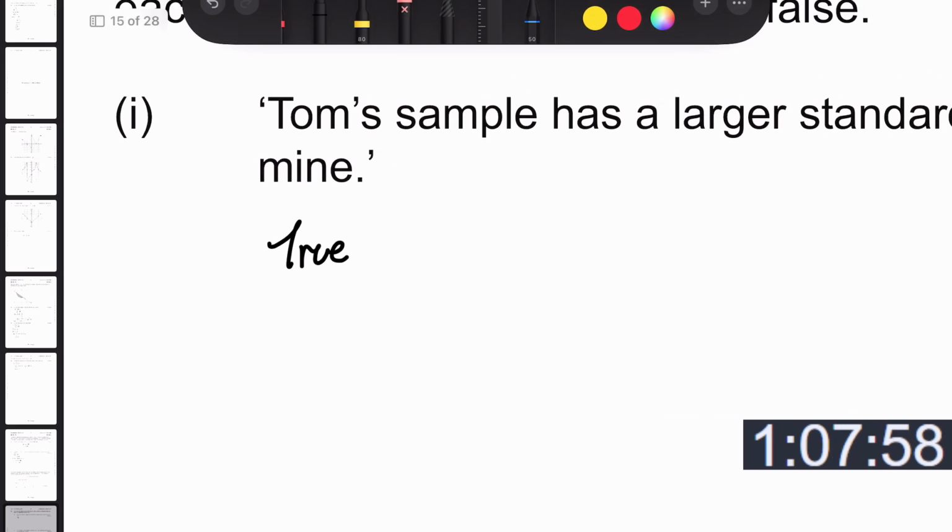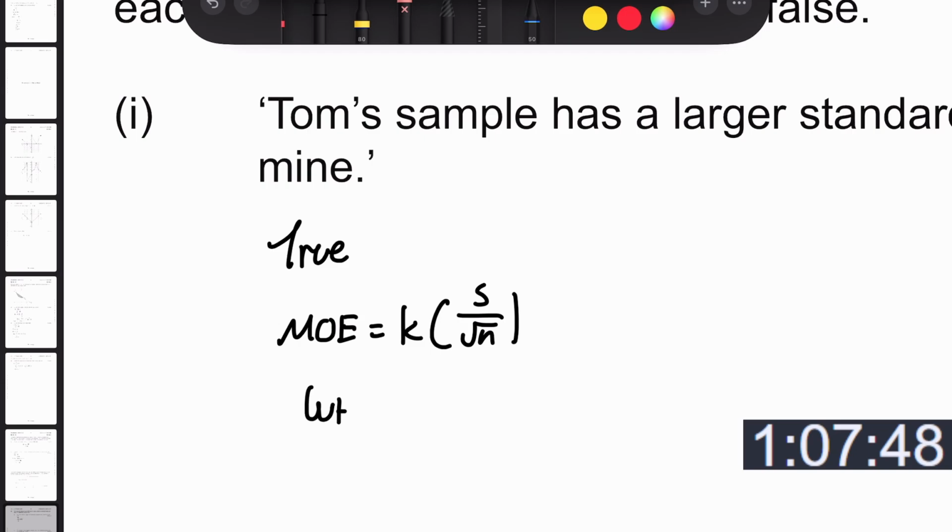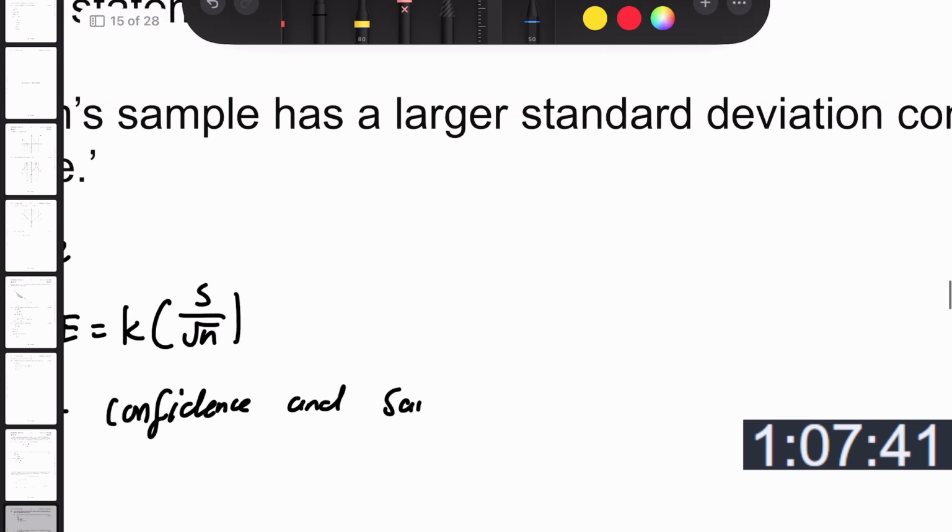We know that margin of error is going to equal k times s over square root of n, but confidence and sample size are constant.